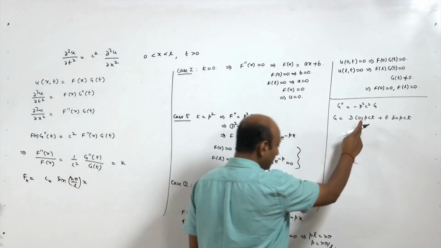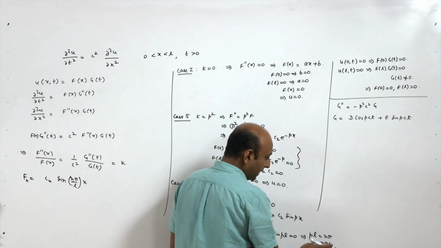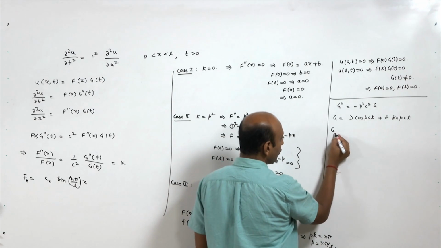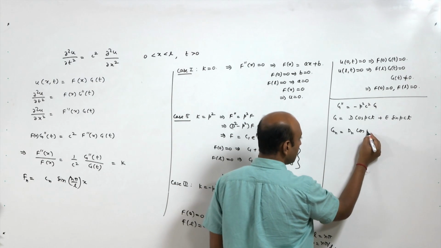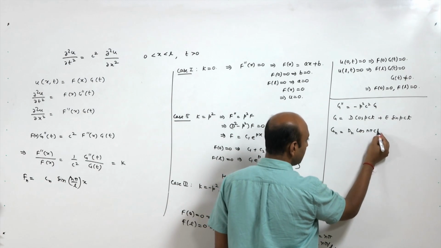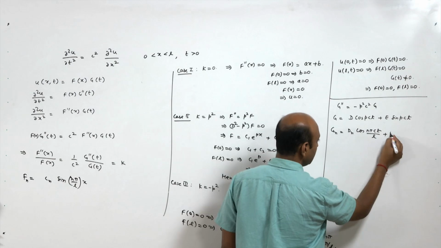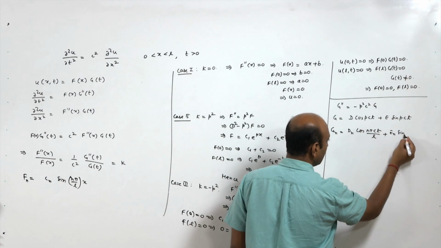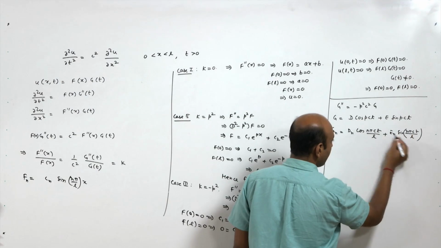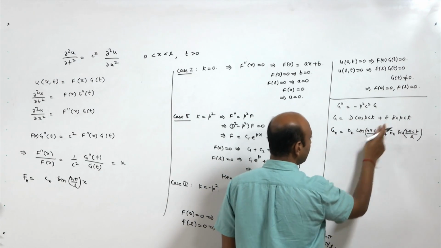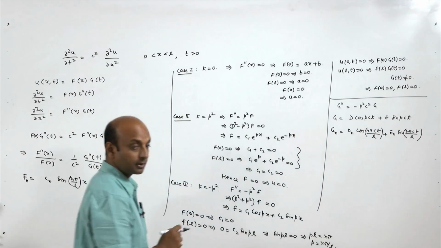Now this p is nothing but n pi by L. So when you replace, you call it dn cos n pi c t by L plus en sin n pi c t by L, because n is involved. So we are calling it dn and en, and here we are calling it gn.